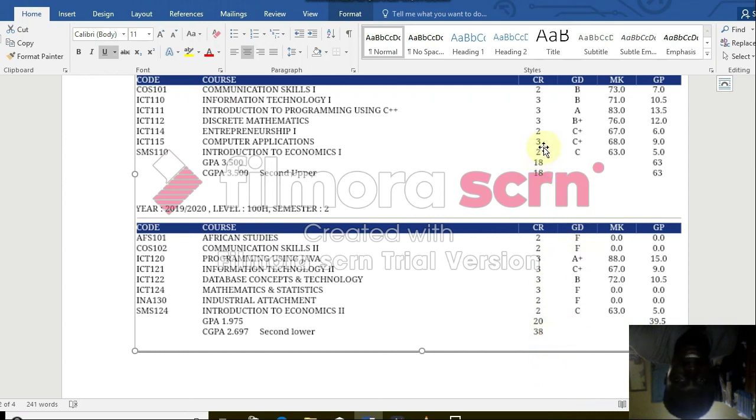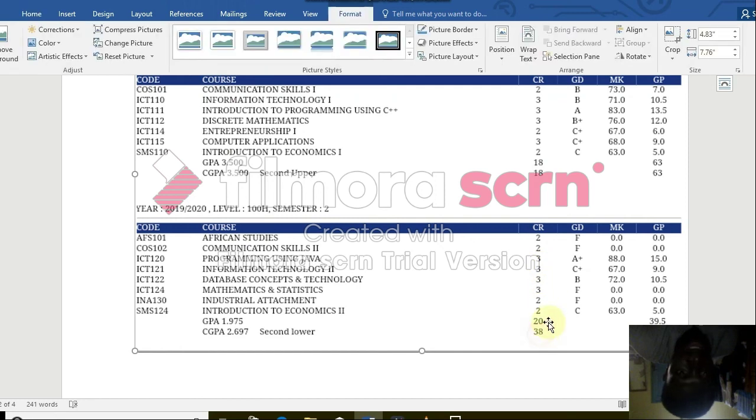Over here, adding the 18 and the 20. The credit hours for the first sem was 18, and the second sem was 20. So when we added it, it gives us 38. So all the credit hours together is 38. Then you can see that the grade point was 63, and the second sem it was 39.5.